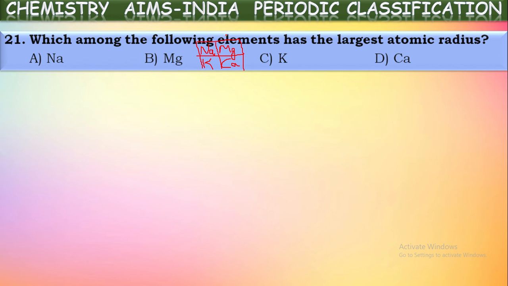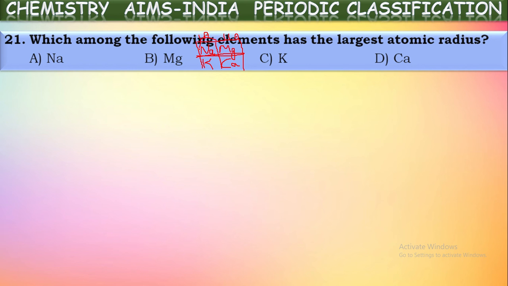So these are the positions of these elements in the modern periodic table. These two are in the 1A group, these two are in the 2A group. Now, how does atomic size vary in periods and groups? Let us recall once. In a period from left to right, atomic size decreases. So the 2A group elements have smaller size than these 1A group elements.